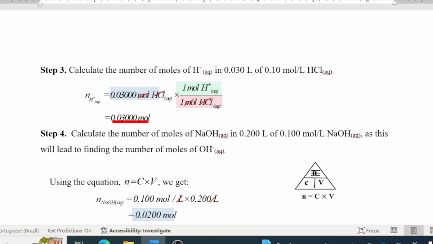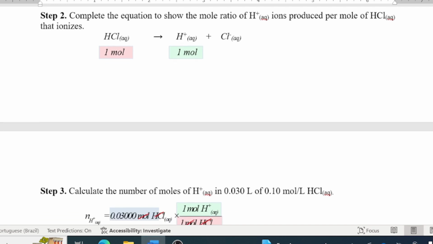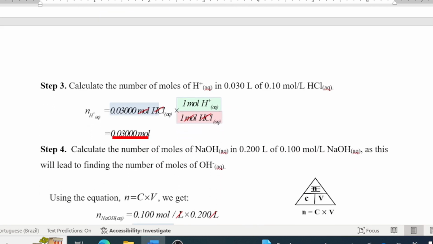Of course, we know the mole ratio of hydrogen ions produced for every 1 mole of HCl that ionizes, and it's a 1-to-1 mole ratio. I've spoken about this already. You take the number of moles of the parent molecule and multiply it by the mole ratio, which is 1-to-1. So we get this number of moles of hydrogen ions in that 300 milliliters of solution.